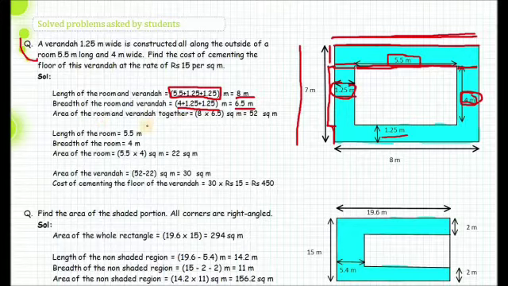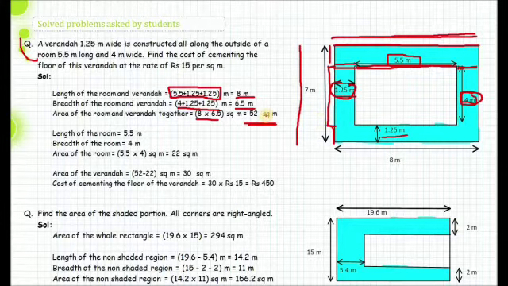Area of the room and the veranda together: let us find out the area of the whole figure. Just length into breadth we multiplied. Length was 8 meter and breadth was 6.5 meter. So if you multiply, you will get the area of the whole figure, that is 52 square meter.